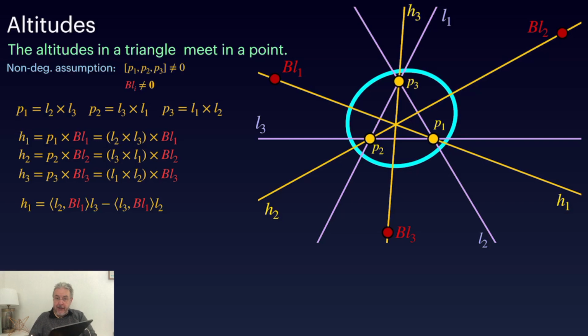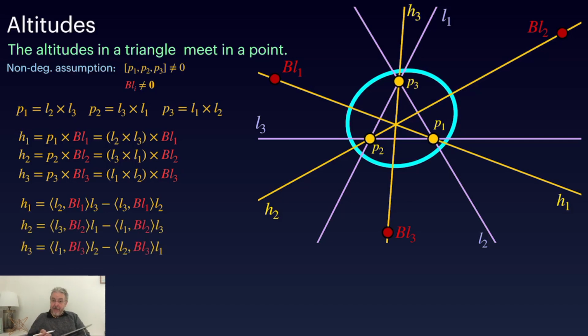If you don't believe that, you can pretty easily prove it, because you see that H1 is in the span of L2 and L3, which means that H1 must pass through the point of intersection here, and the factors here are exactly such that it passes through BL1. You can do that for the other altitudes as well.